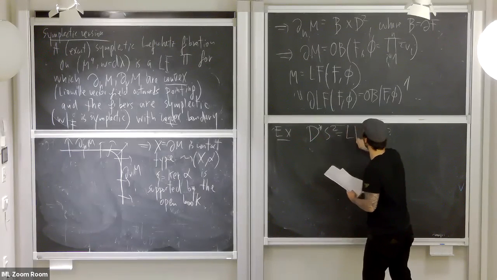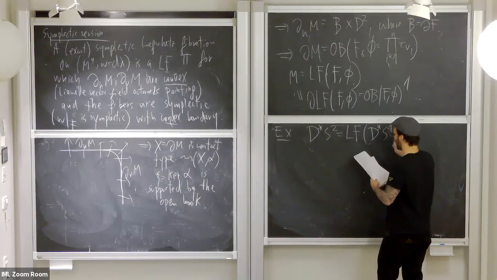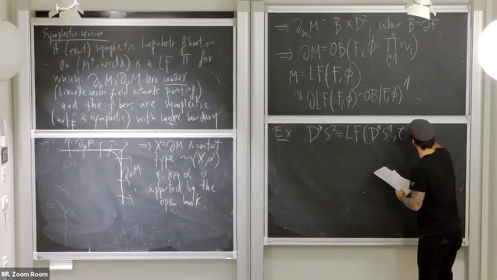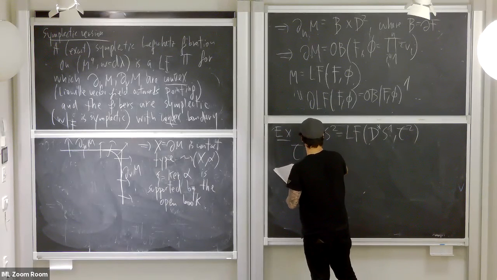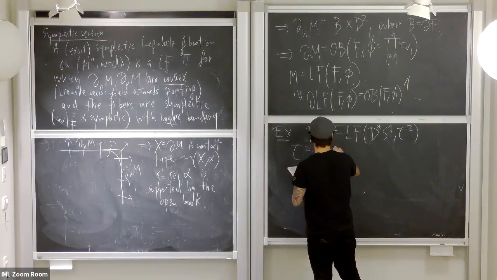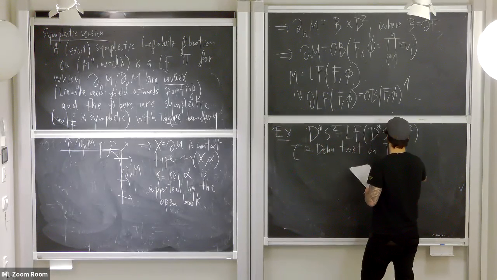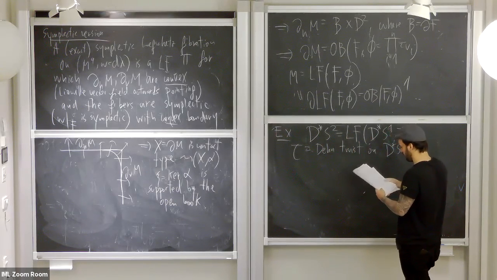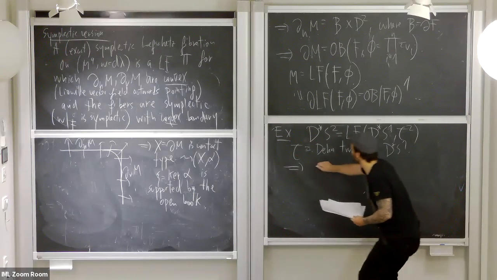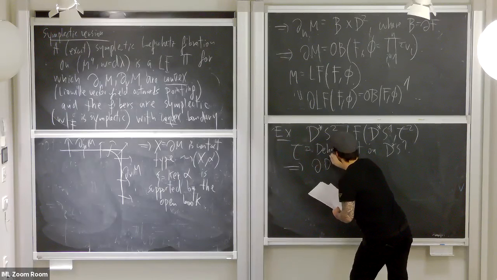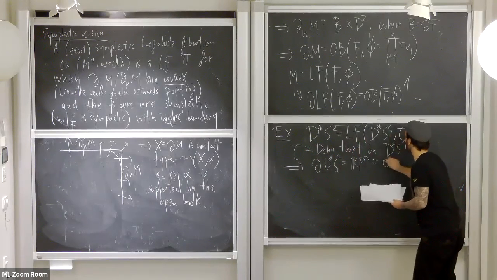This is the Lefschetz fibration whose regular fiber is D*S1, and its monodromy is a square root of the Dehn twist tau on D*S1. So by taking the boundary of this Lefschetz fibration, which is RP3, we get the open book on RP3 that we already discussed.